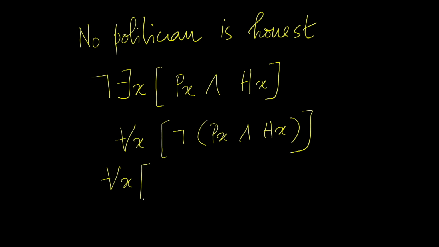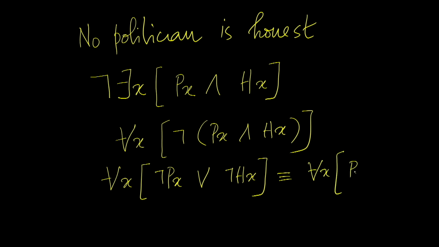Here we have the negation of a conjunction. The negation of a conjunction is the disjunction of the negations. So we have negation of P(x) or negation of H(x), which is logically equivalent to saying this.